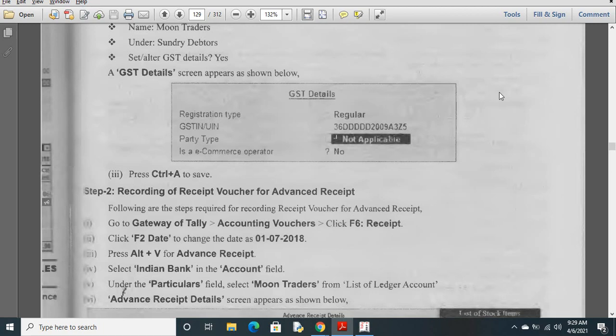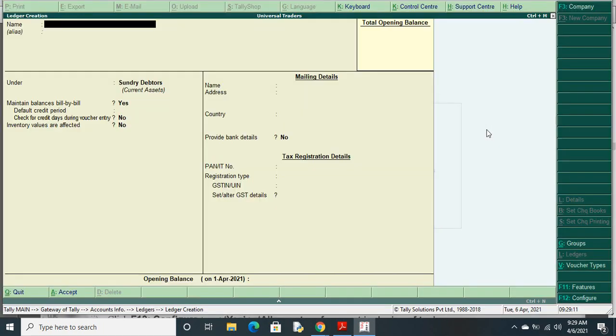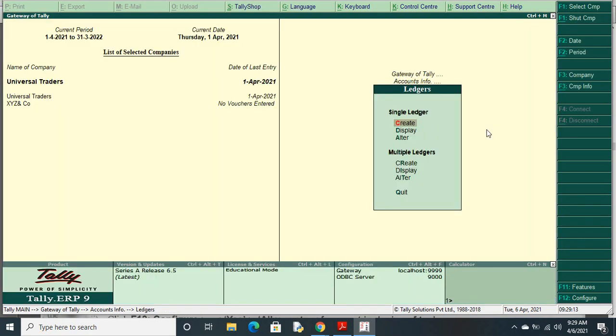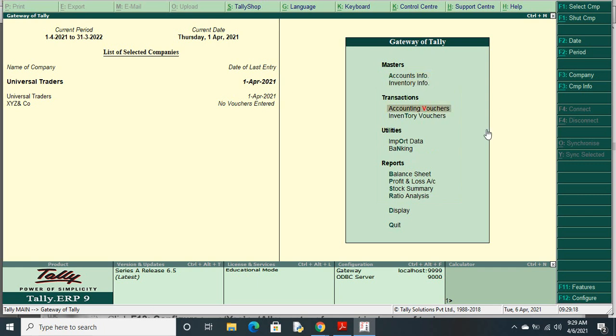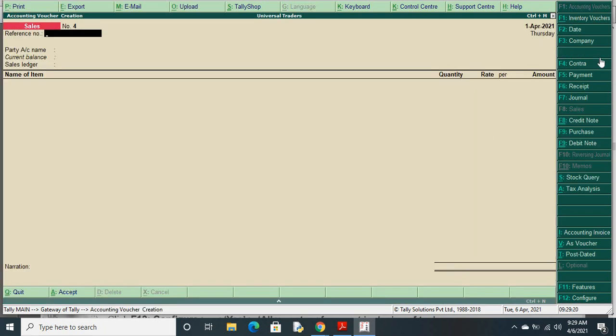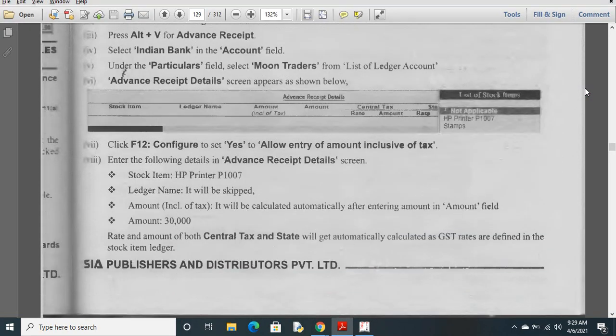After Moon Traders, you have to record the voucher for advance receipt. Receipt in the sense that it will be entered into a receipt voucher. Receipts, allow entry of amount inclusive of tax. Even in this advance, the tax amount is also included.